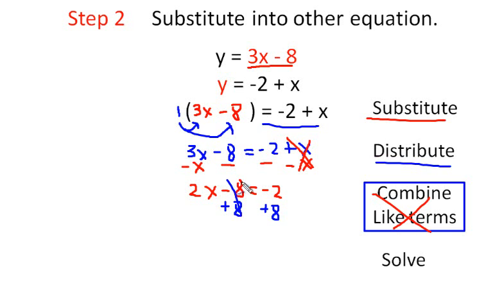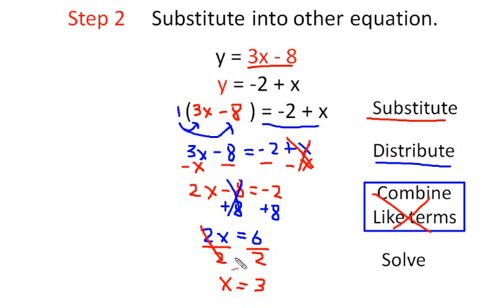Okay, that's going to cancel out that negative 8, and I'm left with 2x. Negative 2 plus 8 is going to give me positive 6. Next step from here is to divide by 2. That will cancel out these 2's here, and I get left with x equals 6 divided by 2 will give me 3. Okay, I found one of my solutions, so I can jump to step 3 now.